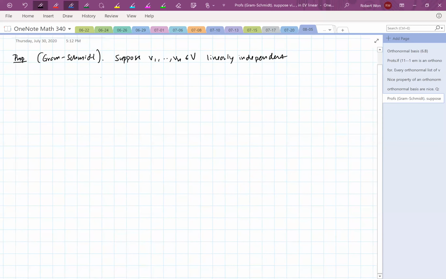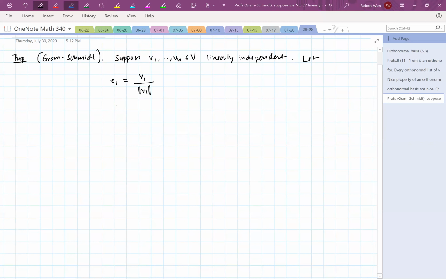Okay, so the first vector, we'll call it E1 because it's the start of an orthonormal list. You just take V1. You can sort of start however you want. But I want this to be an orthonormal list. In other words, I want the vectors to have norm 1. And V1 might not have norm 1. So I have to divide through by the norm of V1. Okay, and certainly that vector has the same span as V1. V1, by the way, is definitely not the 0 vector because I assumed it was from a linearly independent list.